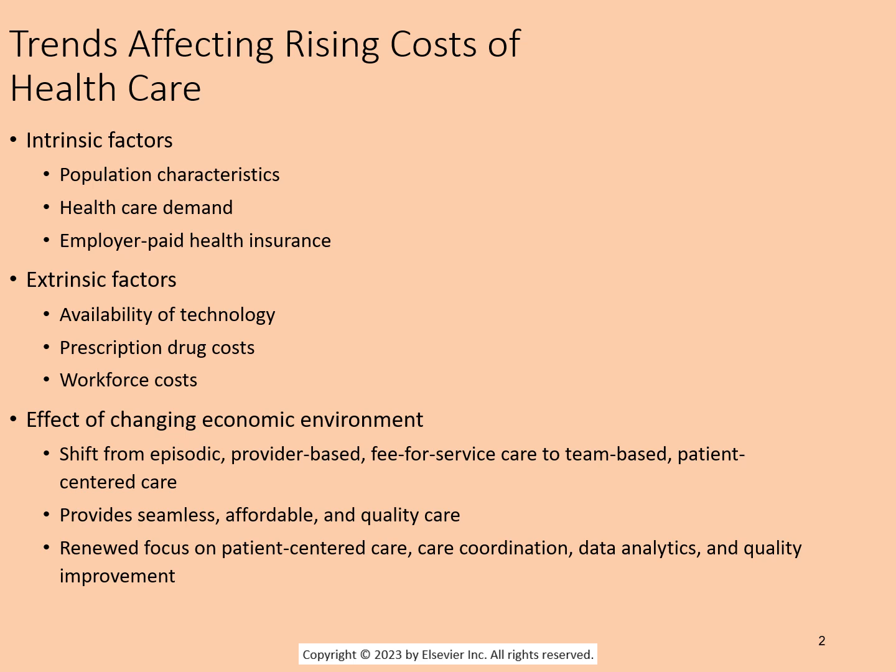Also, we do know that there are changes in the environment which affect healthcare and healthcare delivery. We've seen a shift from episodic payments, provider-based payments, and fee for services care, toward patient-centered care.